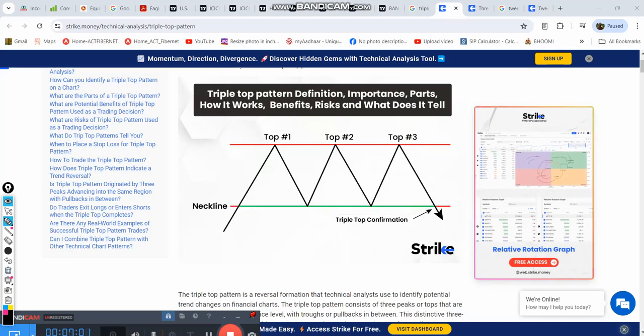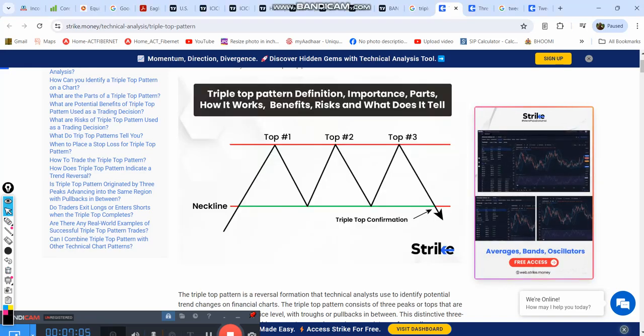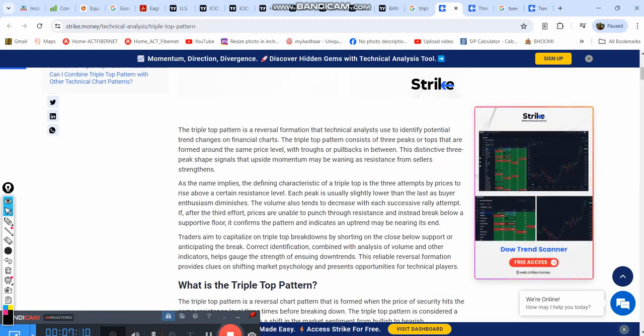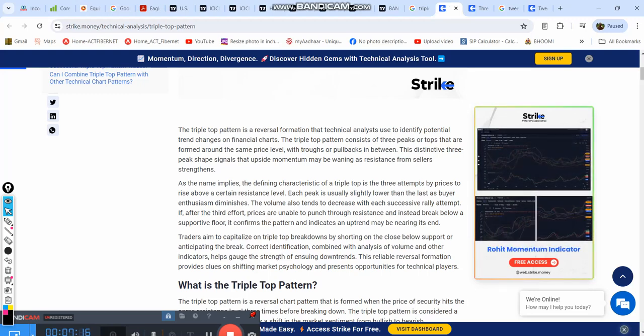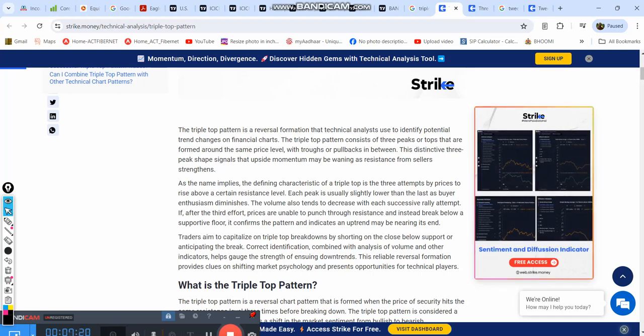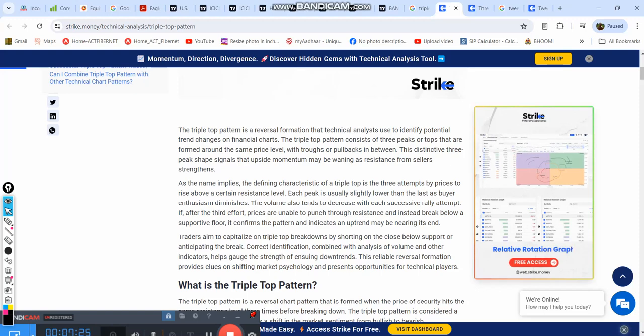So triple top is a reversal formation. The technical analysis used to identify potential trend changes on financial charts. The triple top pattern consists of 3 peaks or tops that are formed around the same price level with troughs or pullbacks in between. This distinctive 3-peak shape signals that upside moment may be waning as resistance from sellers strengthens.